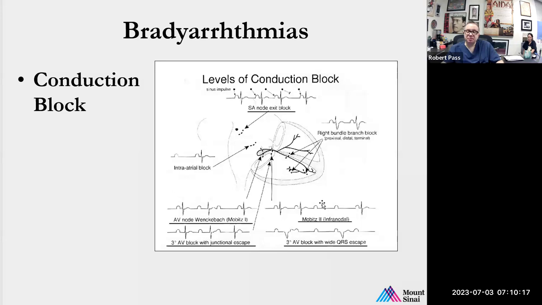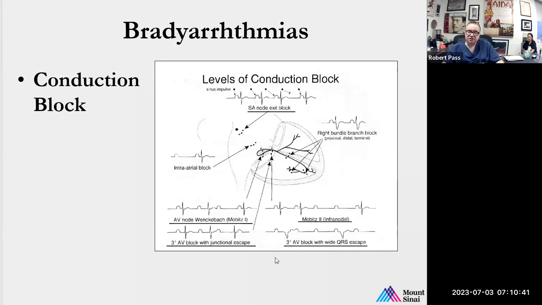There's also a third type of second-degree block, which sometimes people call 2-to-1 heart block, where you have 2 P waves for every QRS. 2-to-1 heart block is either Mobitz 1 or Mobitz 2, but you often can't tell without intracardiac recordings. So we typically call second degree either Mobitz 1, Mobitz 2, or 2-to-1, with the understanding that 2-to-1 is probably either Mobitz 1 or 2.